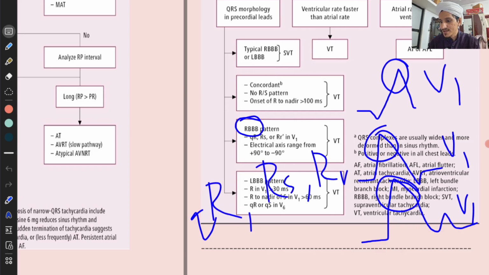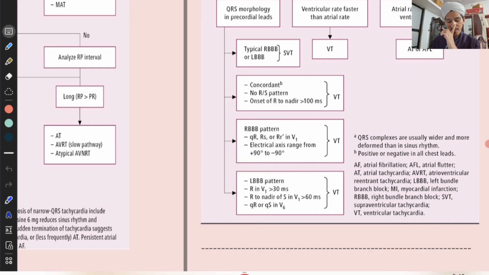So R is taller, so atypical RBBB, and that favors VT. R will be taller, q smaller and S will be shorter. That is atypical RBBB. What is atypical LBBB?